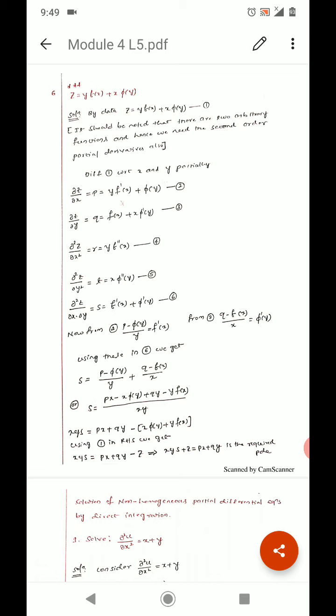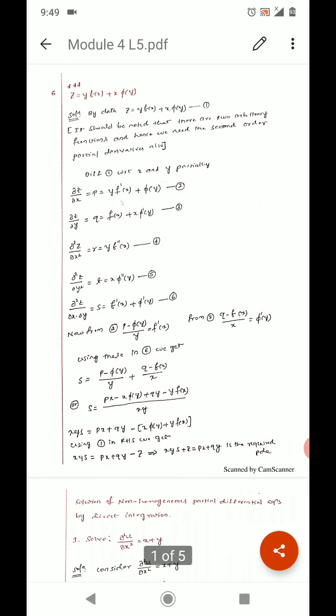So here y into f dash of x, the differentiation of y into f dash of x with respect to y is, here y becomes 1, so remaining is f dash of x, plus the differentiation of pi of y with respect to y is pi dash of y. So s is equal to f dash of x plus pi dash of y. So that is equation 6.